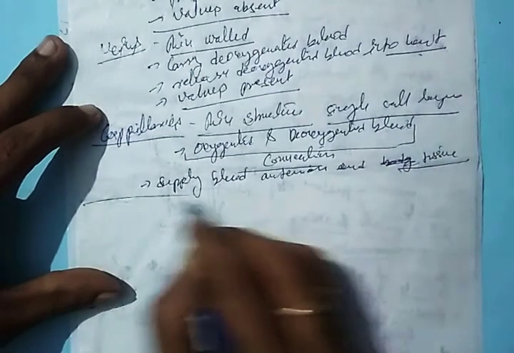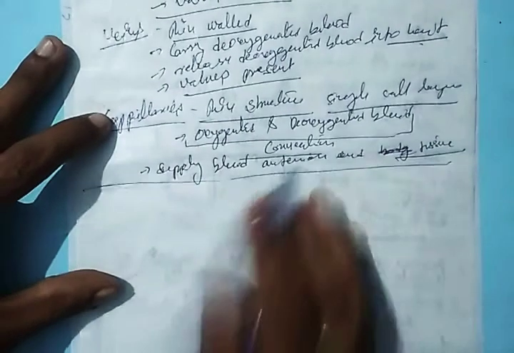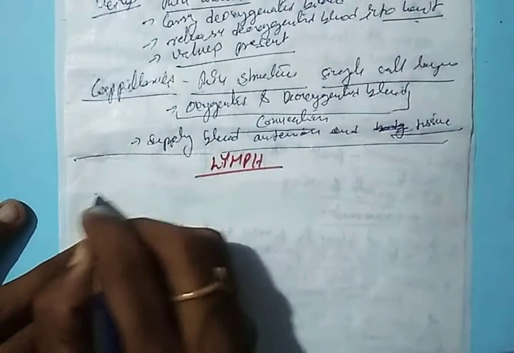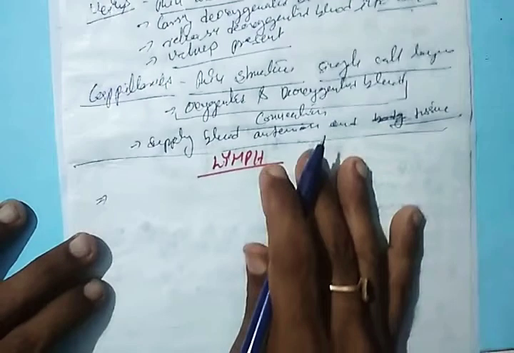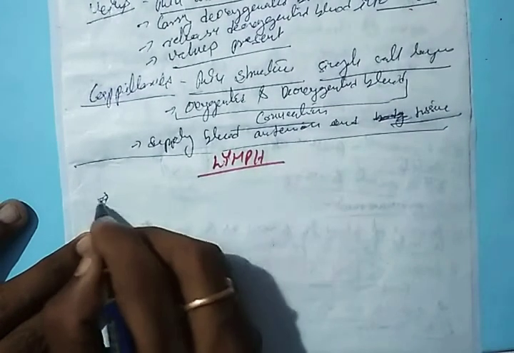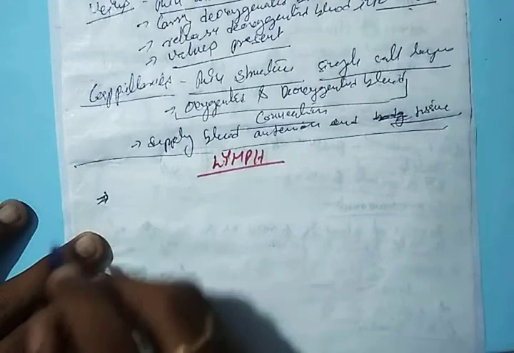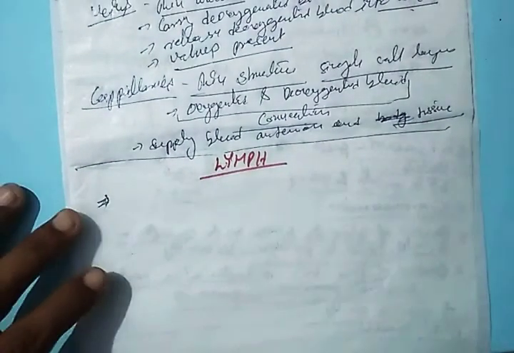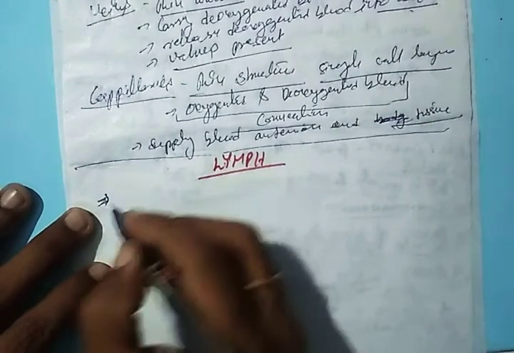Okay, then finally the last topic of this chapter is lymph. Lymph is basically a liquid substance that circulates in the body, similar to blood circulation, but it is separate from blood circulation.